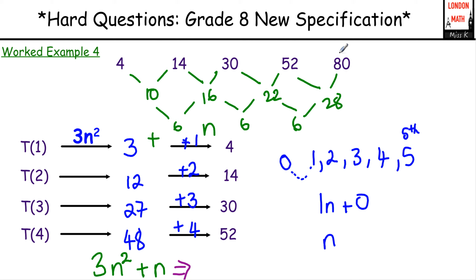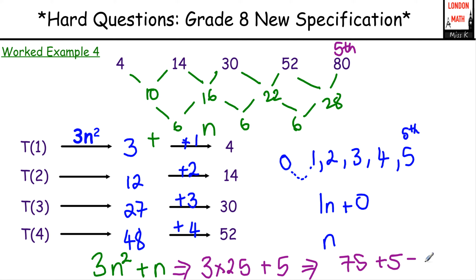If I want to generate the fifth term, I'm going to replace it into my formula. So I've got 3 times 5 squared, which is 25, and then I'm going to plus 5. Let's just verify that. 3 times 25 is 75, and 75 plus 5 is actually 80. So this is my answer.